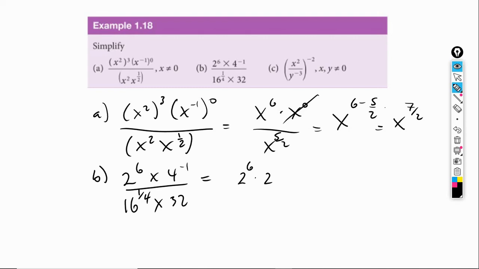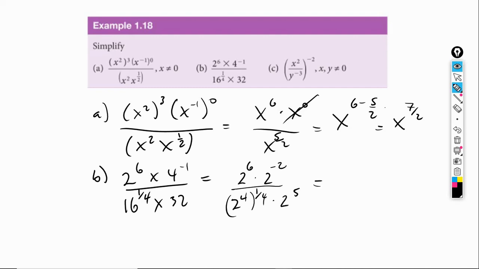That would make it 2 to the negative 2. And then 16 is 2 to the power of 4. So let's just write it so we can see it. So this is 16 is 2 to the power of 4, and this to the power of 1/4 times 32, which is 2 to the power of 5.